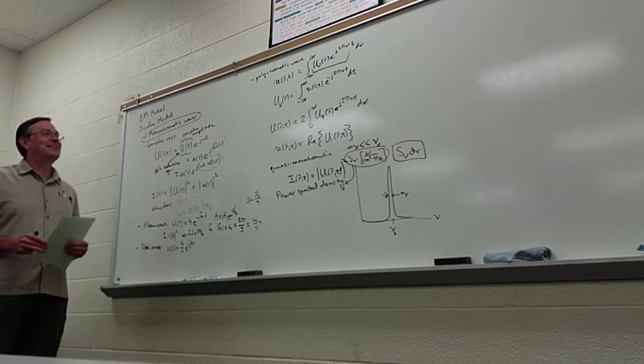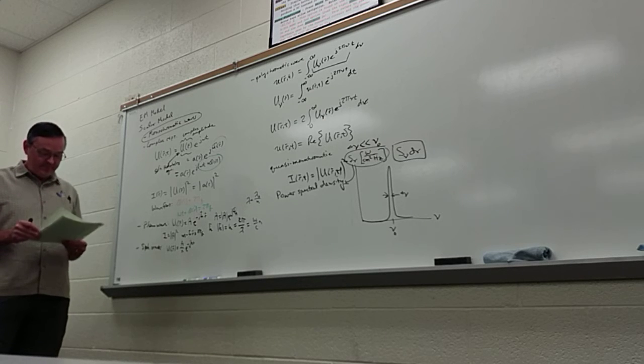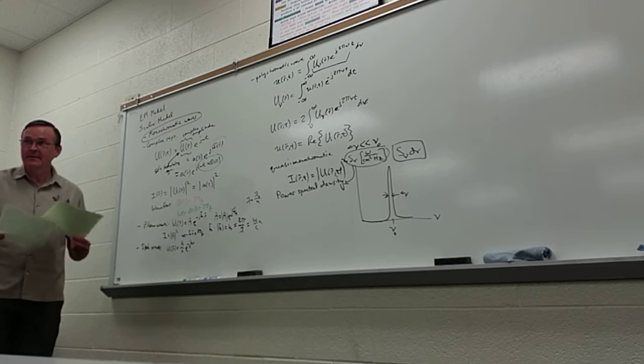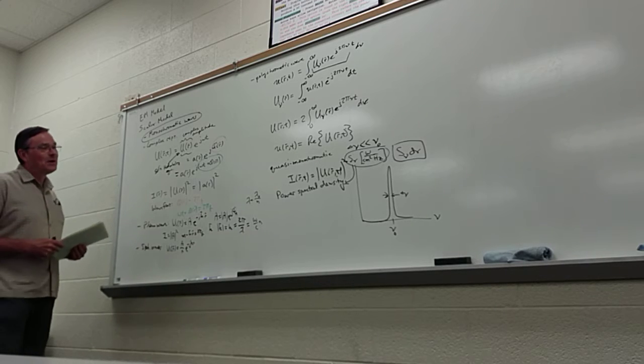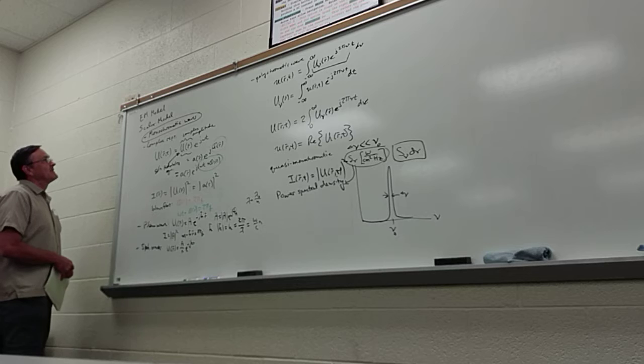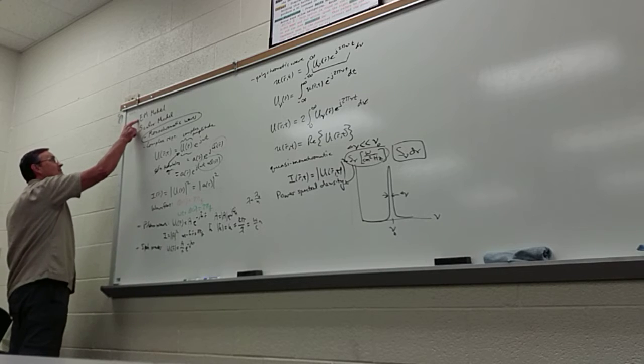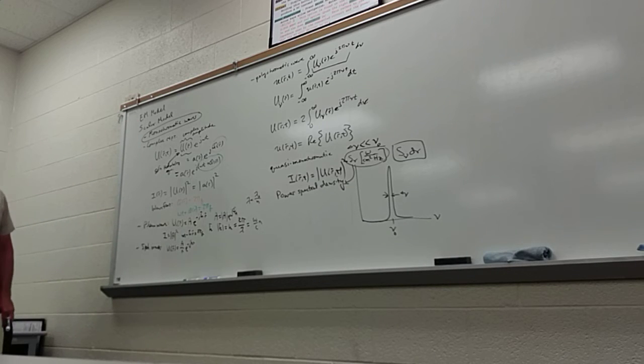Okay. All right. So this is about where we got to last time. And now what we want to do is move forward. And in moving forward, what we want to do is jump back to the electromagnetic model.